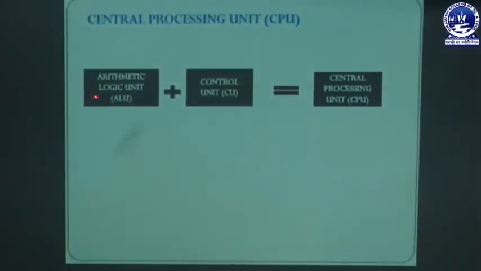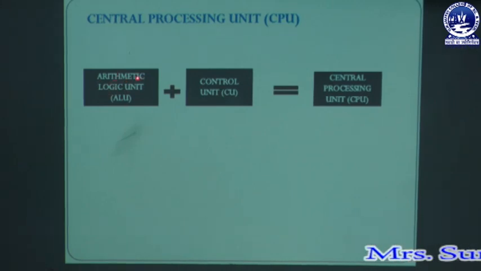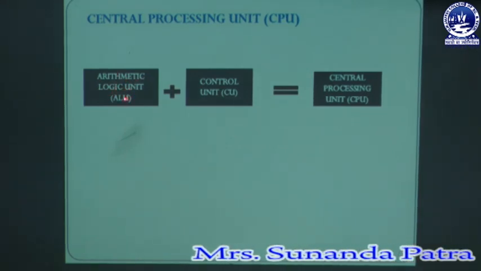By combining the ALU and CU, that is the arithmetic logic unit and the control unit, what do we get? We get the central processing unit. So the central processing unit comprises the arithmetic logic unit and the control unit. The arithmetic logic unit is responsible for the actual execution.